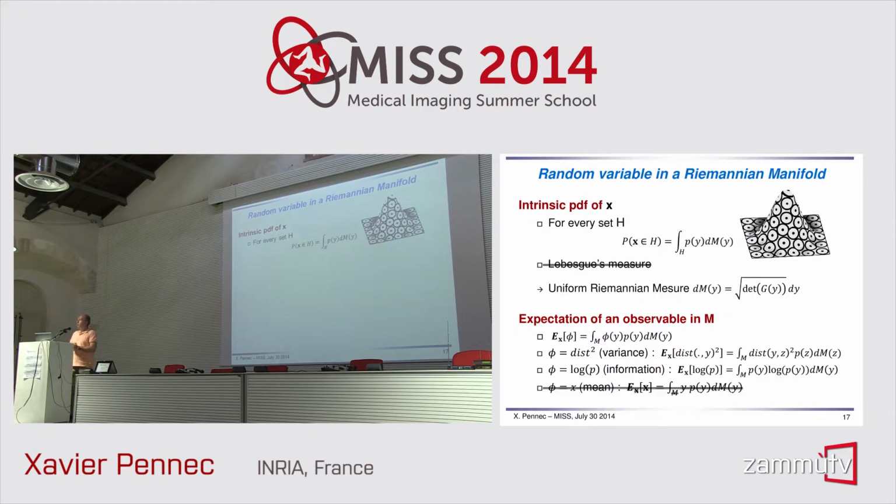Now, if we want to do statistics, we need a little bit of probabilities. We need to know a little bit what a random element is, a random variable with value in the manifold. We usually specify that by the probability density function, which is the probability to belong to a set. So now the big question is, what is the measure?